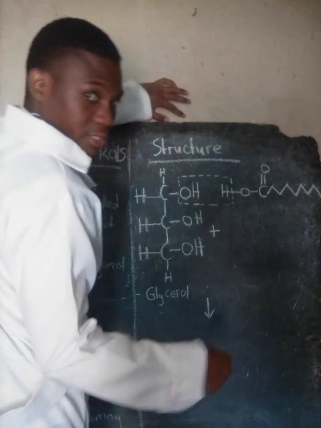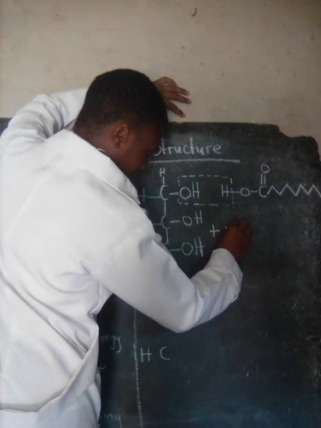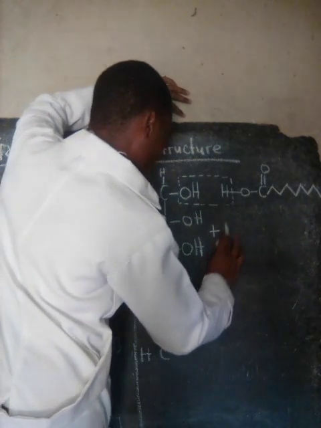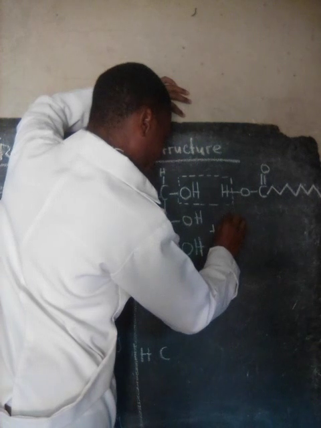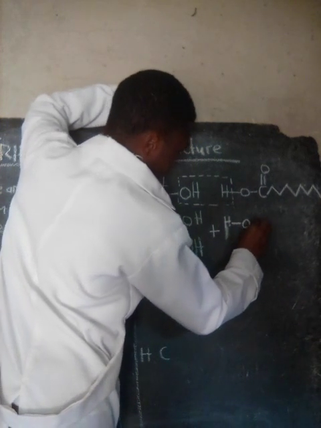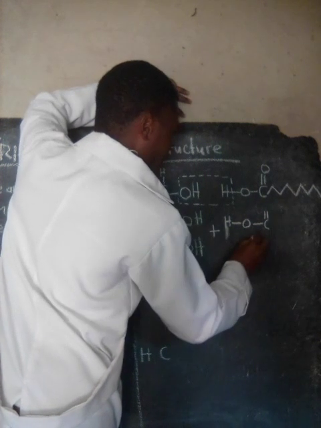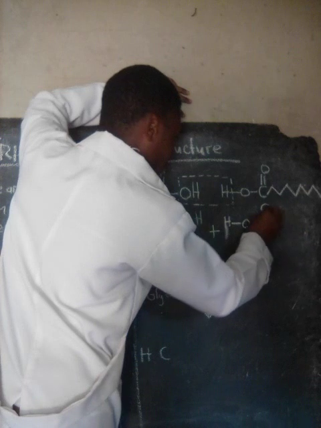Then, in case you've forgotten how to draw a fatty acid, this is how you draw it. You just write the hydrogen, then you write your oxygen, then it is attached to a carbon. This carbon should have a double bond, then you put the oxygen on top of it.